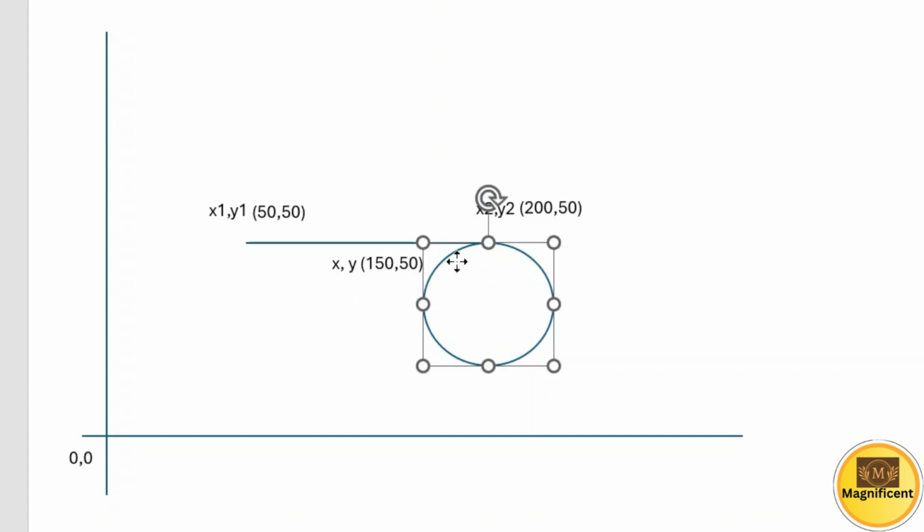Now this ellipse or circle shape is a bounding rectangle, so I need to define a width and height as well. Already this 50 part is covered for this radius. So if I multiply 50 by 2, it's going to be 100.